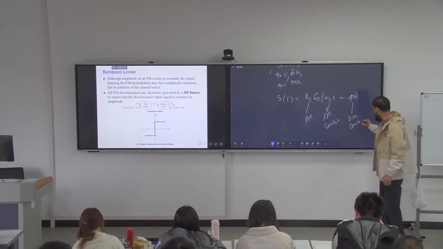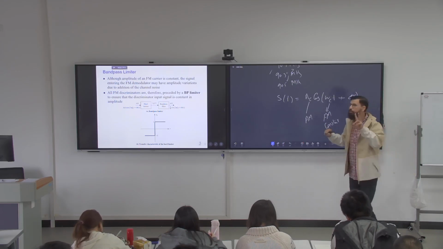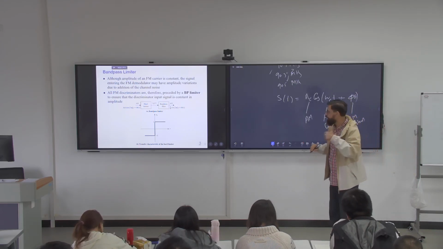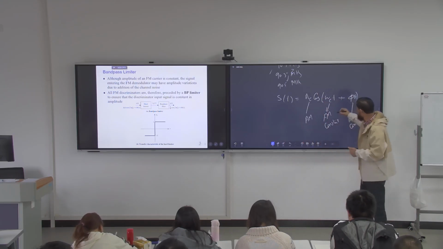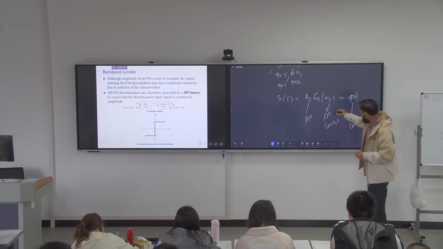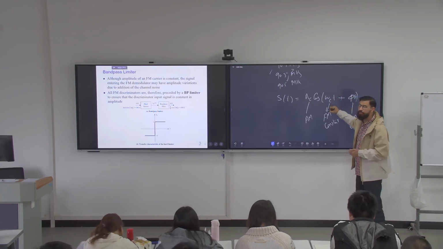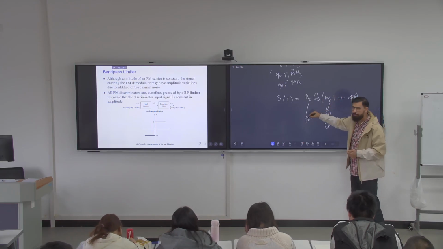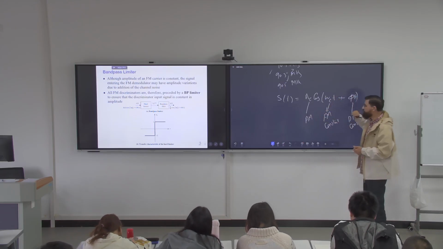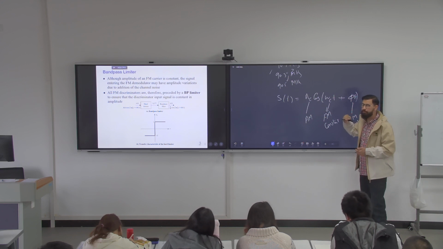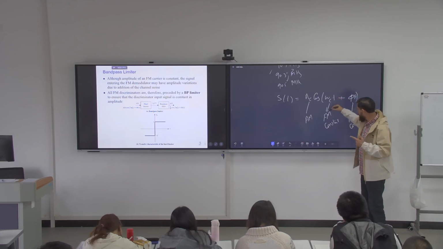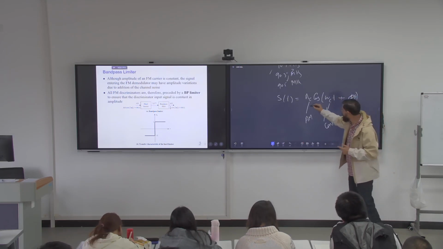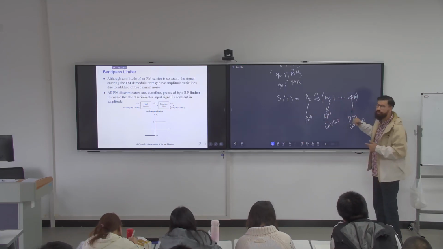At one time, I cannot vary two or three; I have to vary just the amplitude. If I'm doing frequency modulation, I am not varying the amplitude, and I'm not varying the phase. I have to keep the phase constant as well.